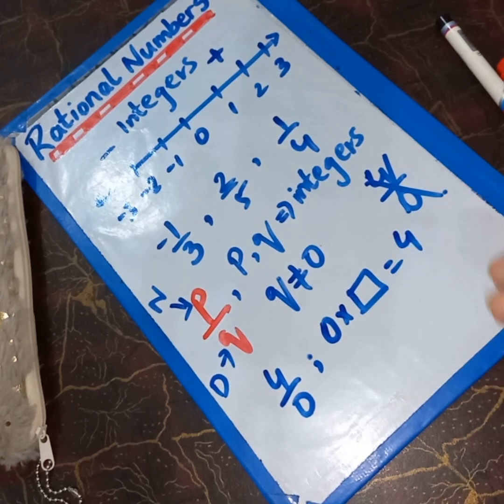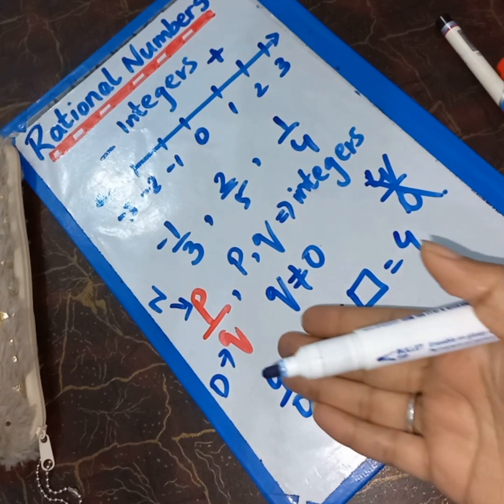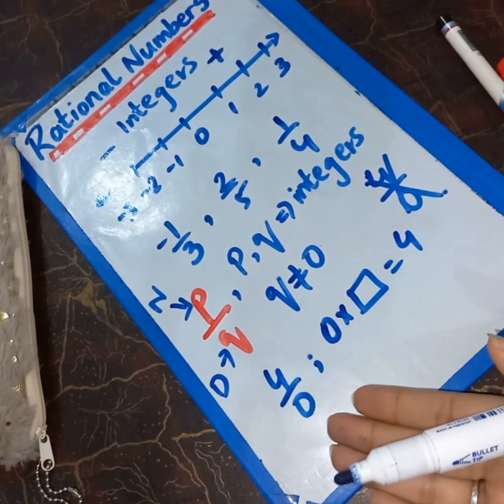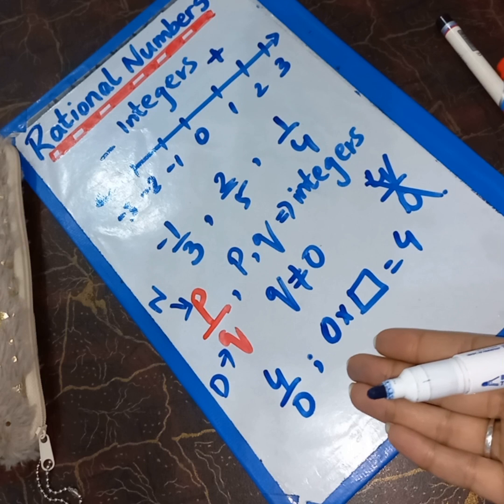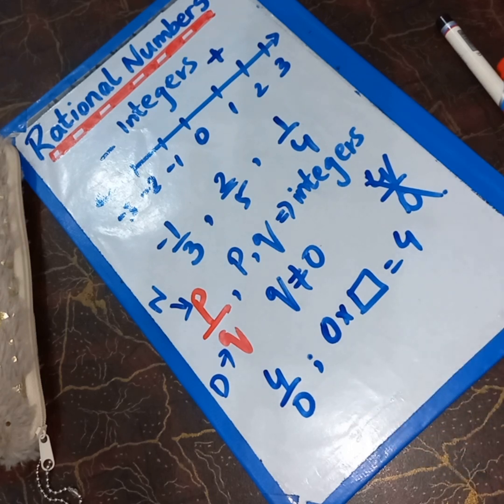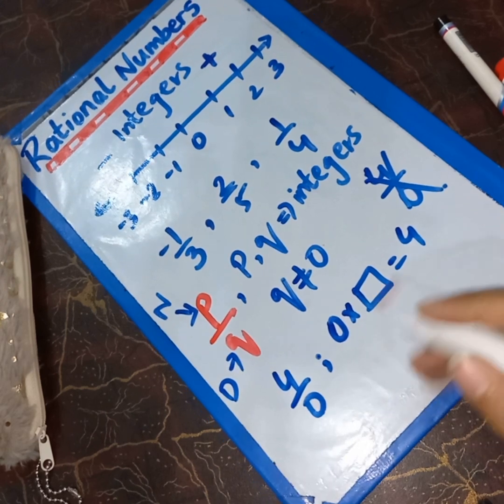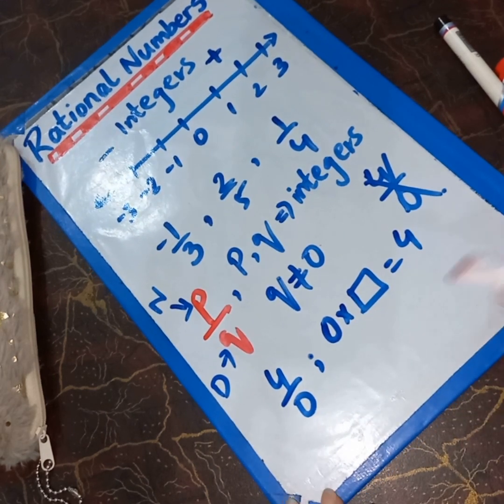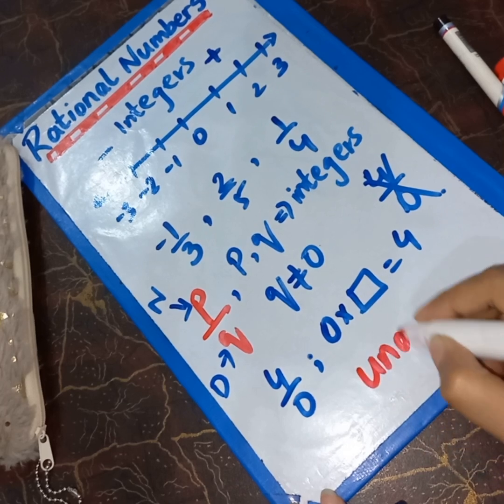So this condition is undefined. How will you explain this rational number? You cannot find any number that would be multiplied by 0 to get 4. So this situation is undefined.